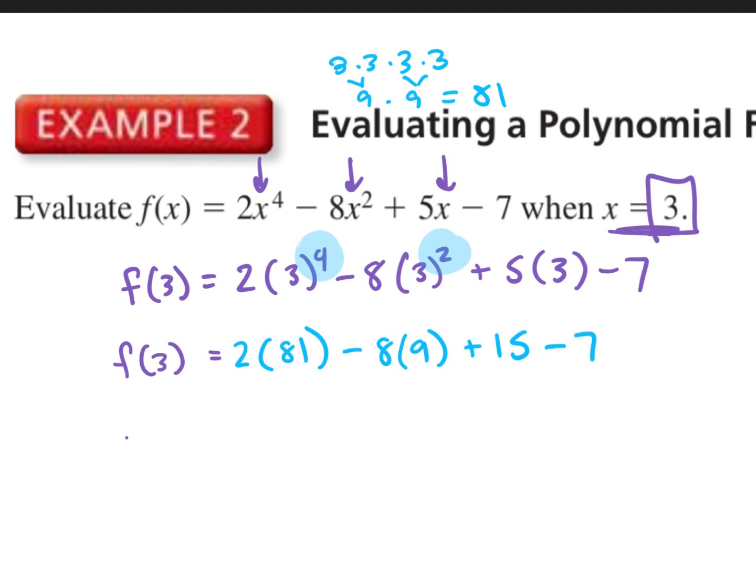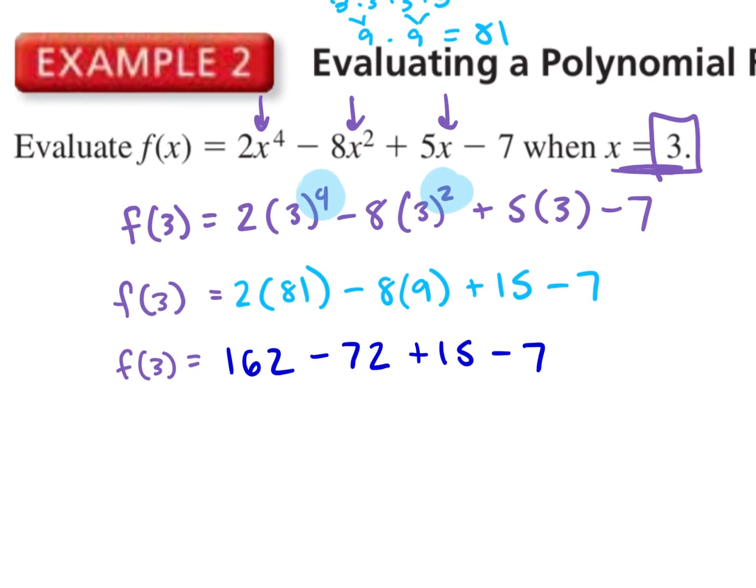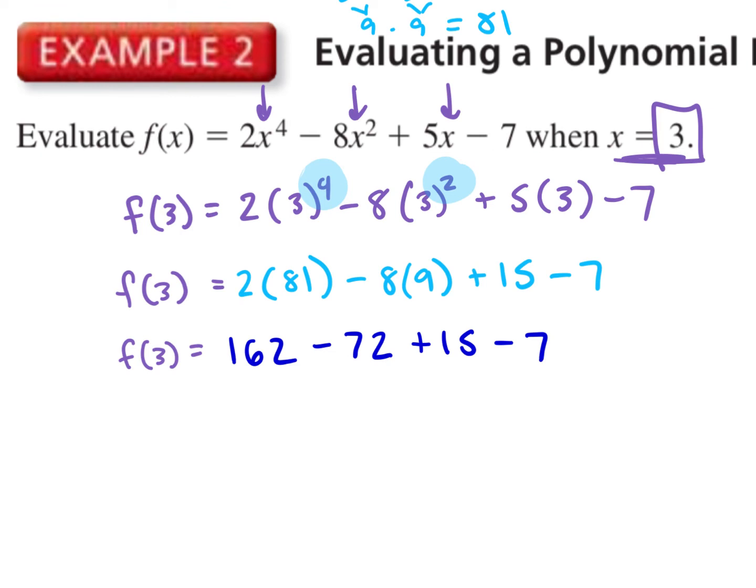I have some more multiplication going on in there. What is 2 times 81? 162. What is 8 times 9? 72 plus 15 minus 7. And then from here, we're just going to add and subtract them together.